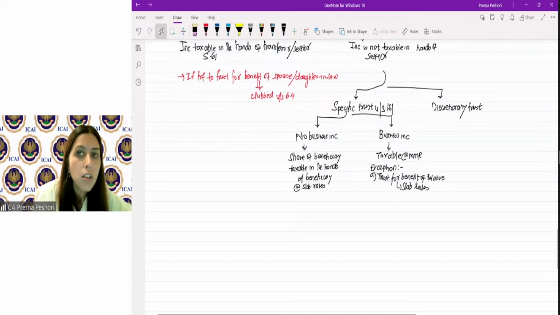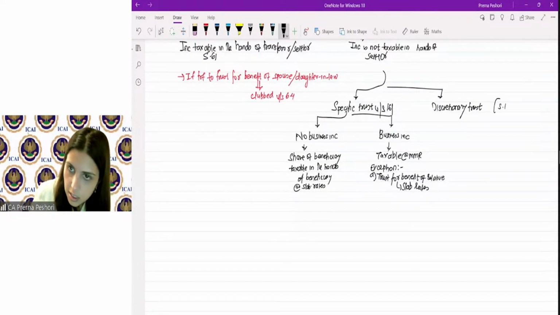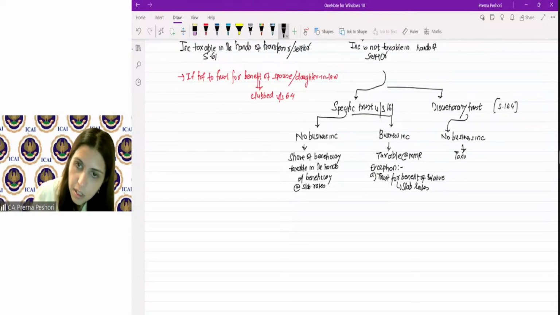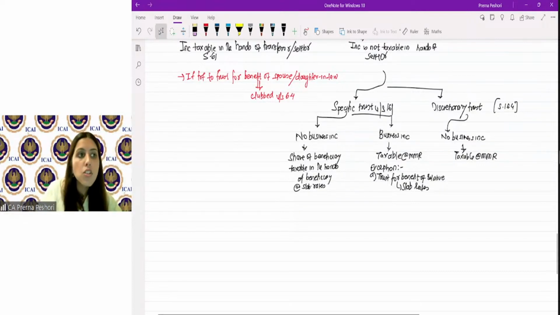Now, if it is a discretionary trust, the taxability of that is covered under section 164. So if there is no business income again, this is under section 164. Again, if no business income, then this is taxable at MMR, maximum marginal rate. Discretionary meaning where the shares of the beneficiaries are not known.